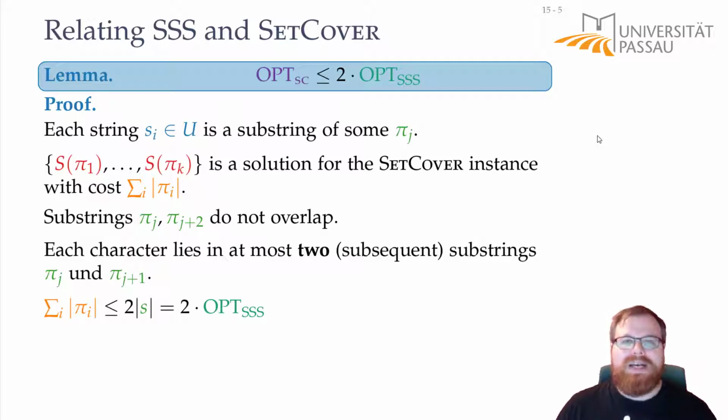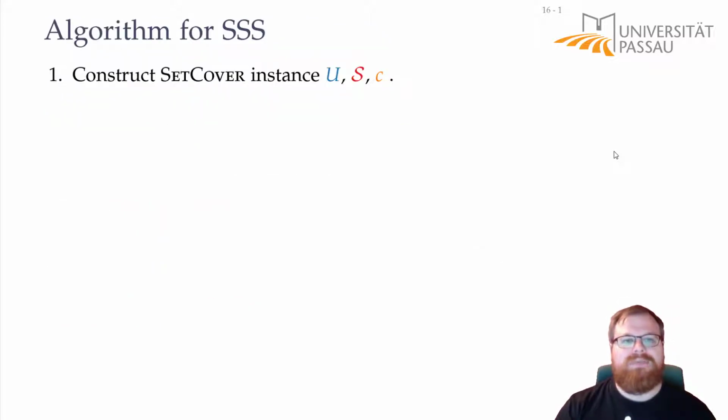So with this reduction, we can again get an approximation algorithm for shortest superstring without ever really solving this problem, but with just reducing it to something else that we already know. So our algorithm is very simple. We construct the set cover instance as we defined before.